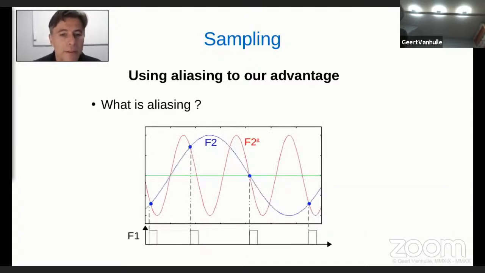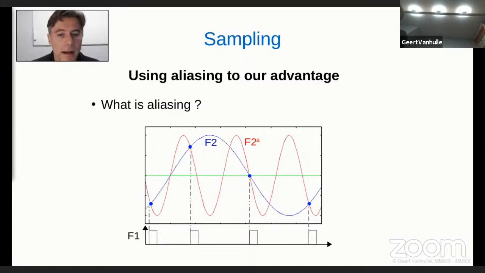If we sample a certain frequency f2 with a sample frequency f1, we have the blue sine wave here. Well, there's also some frequency f2 alpha, of a very high frequency, or a frequency higher than the sampling rate, that by coincidence fits all exact sampling points.